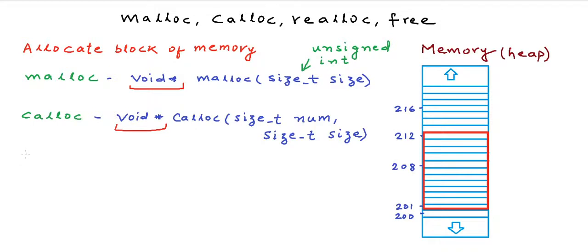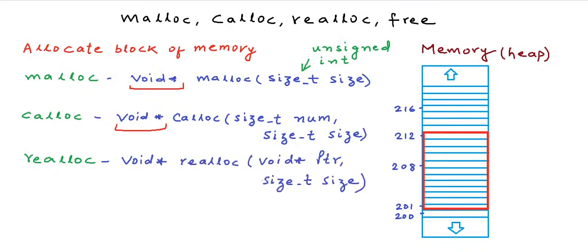The third function that we want to talk about is realloc. If you have a dynamically allocated block of memory, and if you want to change the size of this block of memory, then you can use realloc. The signature of this function is that it takes 2 arguments.